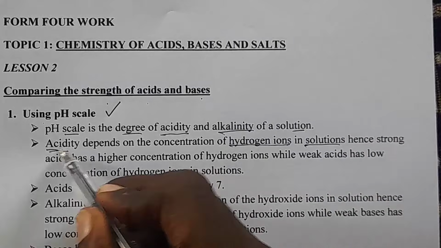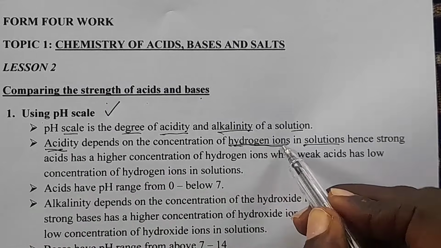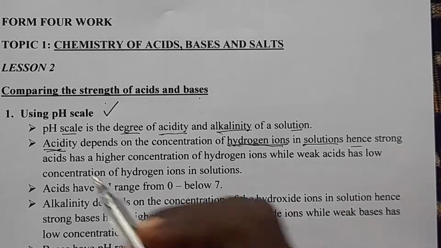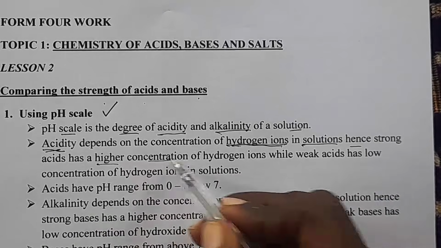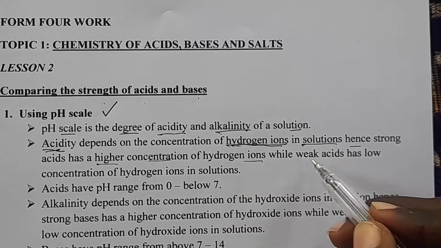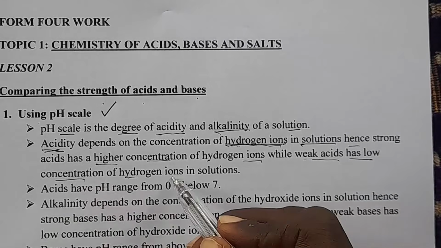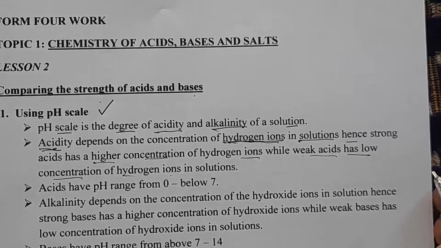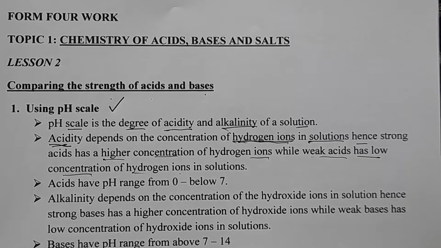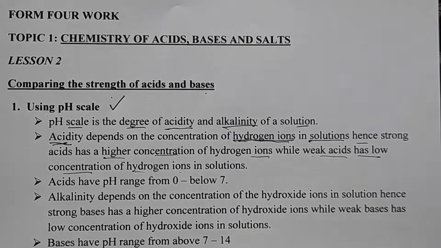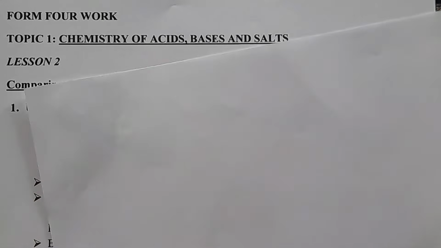Remember, we are dealing with acid, so we are dealing with hydrogen ions. Hence, strong acids have a higher concentration of hydrogen ions, while weak acids have a low concentration of hydrogen ions in solution.